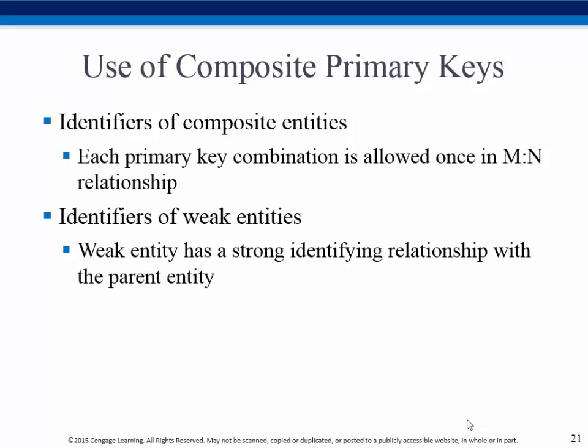Use of composite primary keys. Identifiers of composite entities: each primary key combination is allowed once in a many-many relationship. Identifiers of weak entities: has a strong identifying relationship with the parent entity.